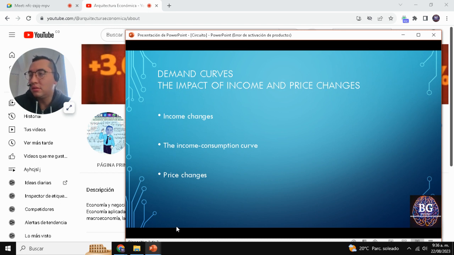Normal goods: a consumer buys more of these when income increases. Inferior goods: a consumer buys less of these when income increases.